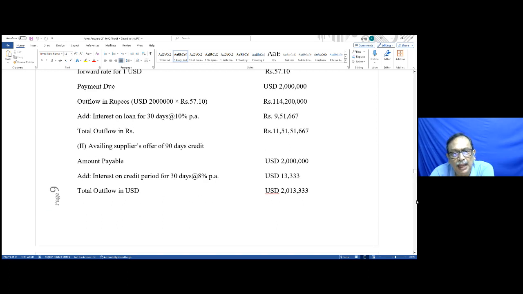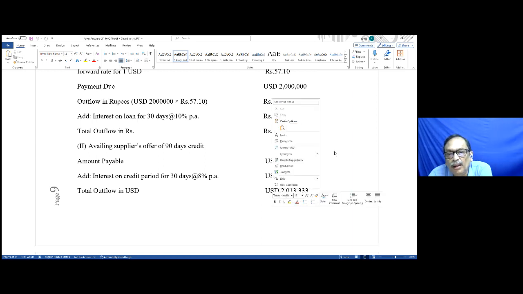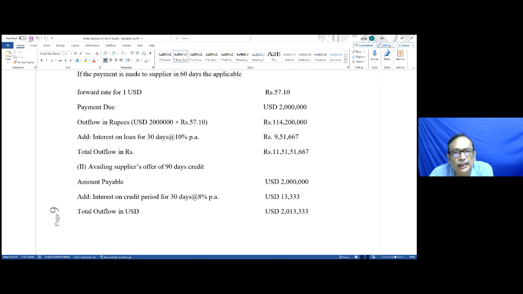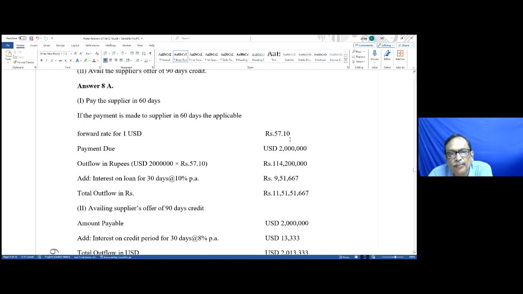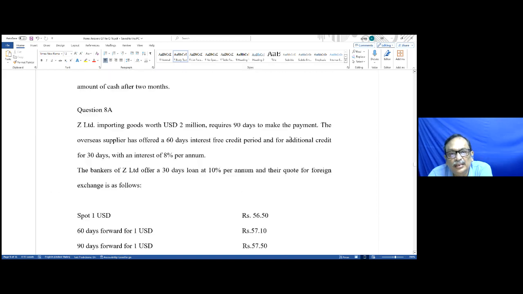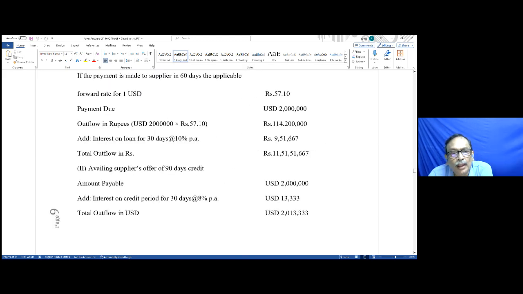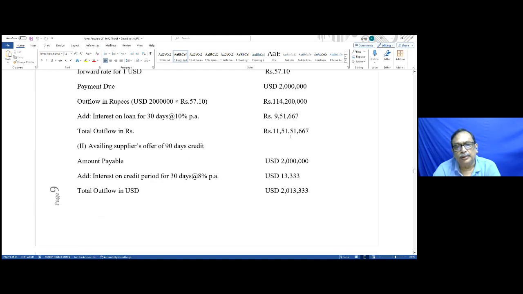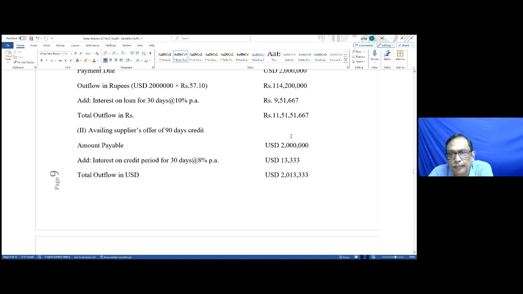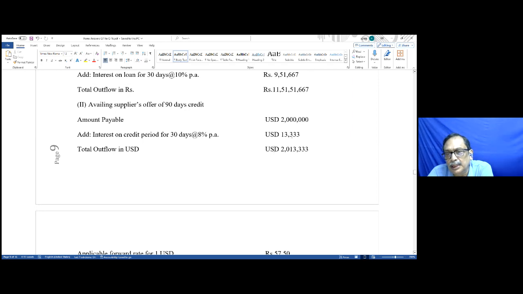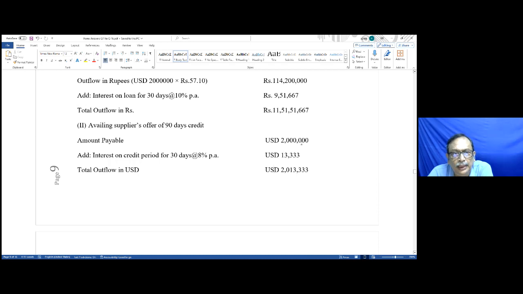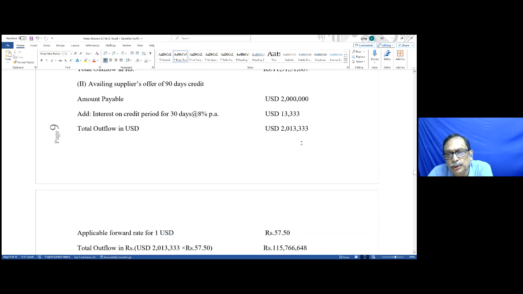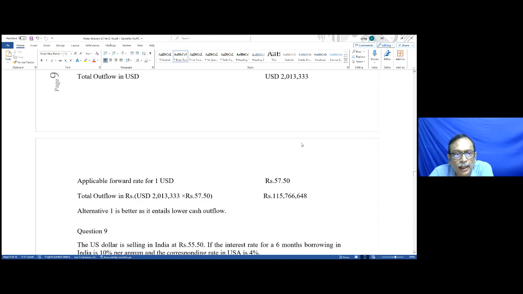Now, when you avail the supplier's offer of 90 days credit, the amount payable is USD 2 million, add interest on credit period for 30 days at the rate of 8% per annum, which comes to 13,333. So total outflow in US dollar comes to 20,13,333.